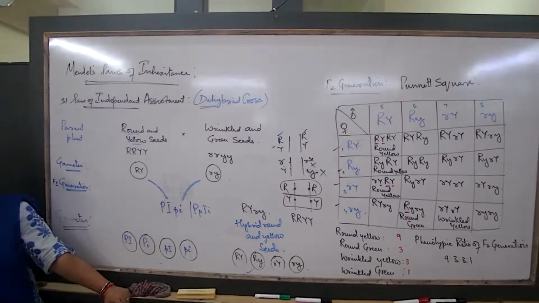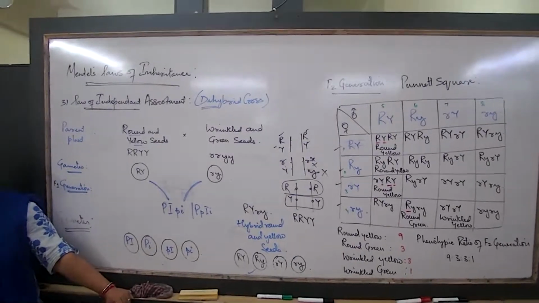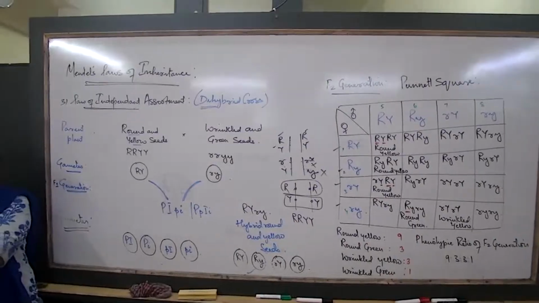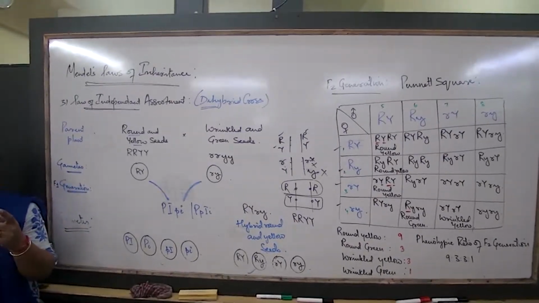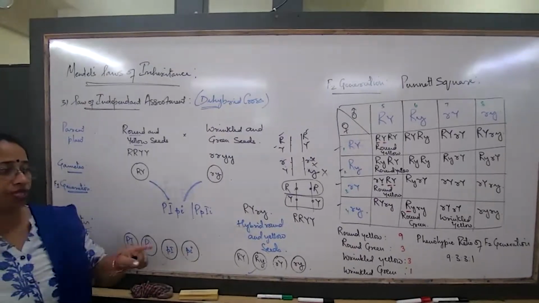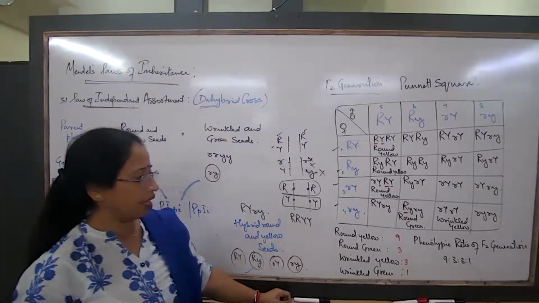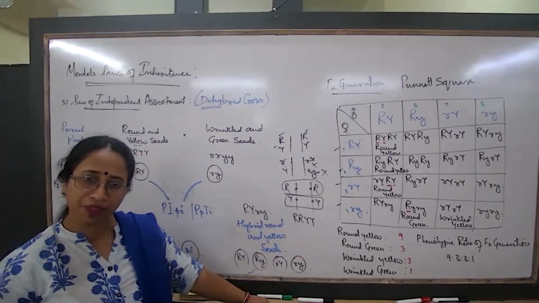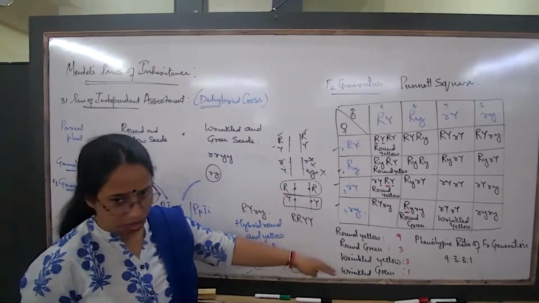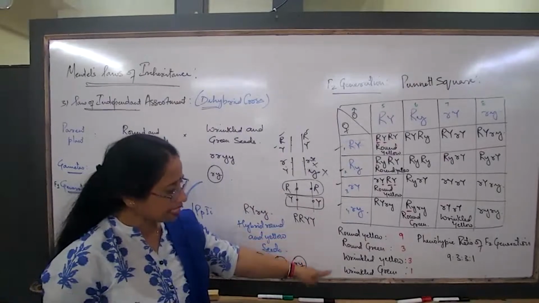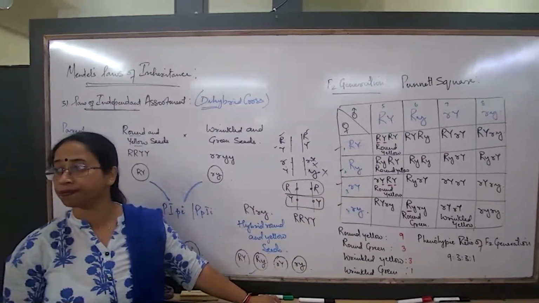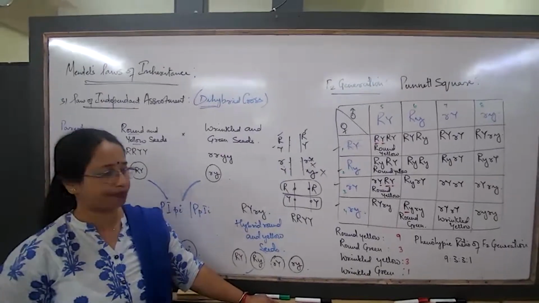Third question क्या है? How many plants in F2 generation exhibit the parental phenotypes? अच्छा चलो ये वाले एग्जांपल में अगर देखते हैं, how many plants have parental phenotypes? 10.